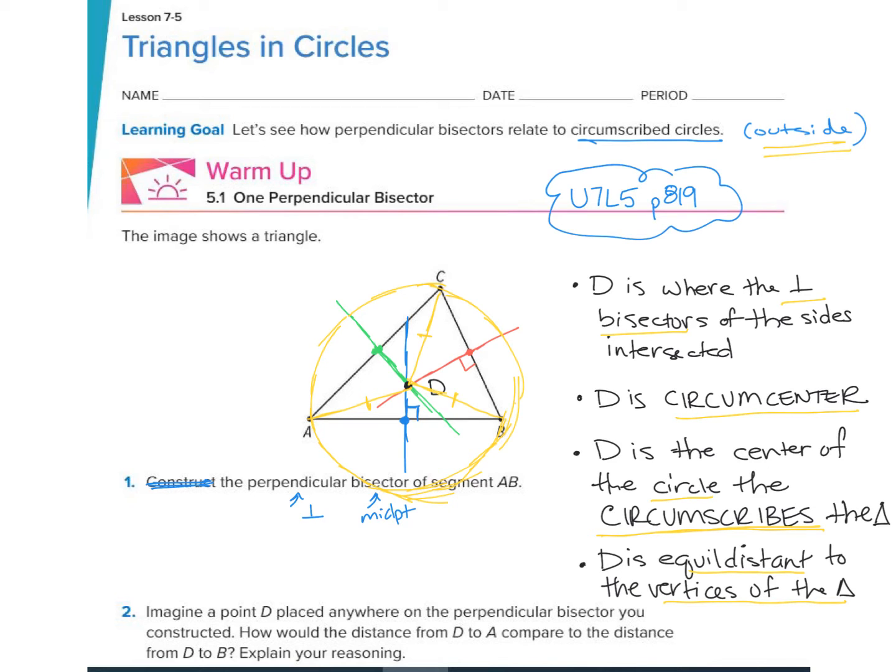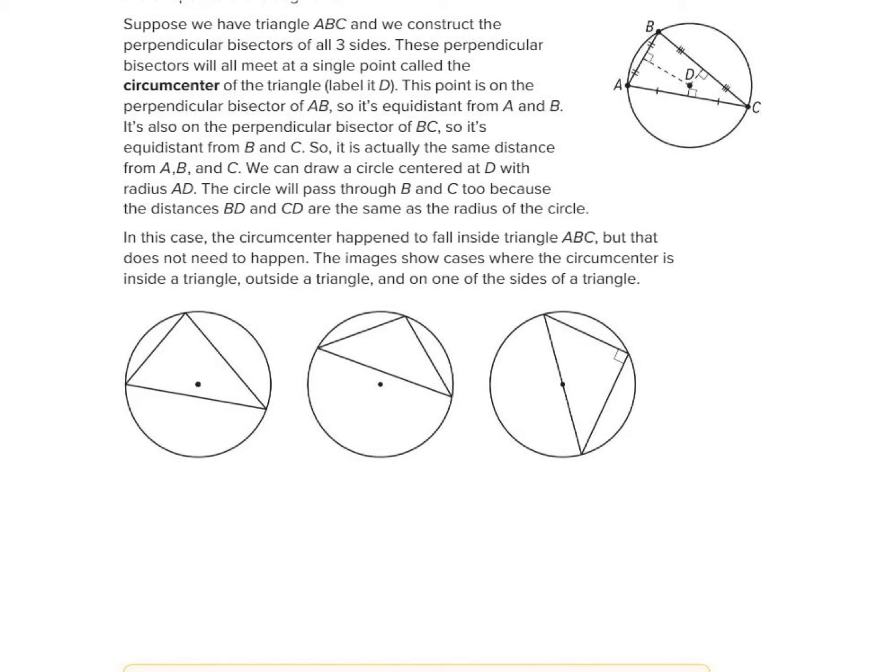So let's discuss the location of our circumcenters. You could flip to page 823. Page 823. We have three diagrams that all show the circumcenter of a triangle. So let me grab my yellow pencil. In the first triangle, that center is equal distance from the 3 vertices. That yellow distance is the radius. And so that circle goes through all 3 vertices.